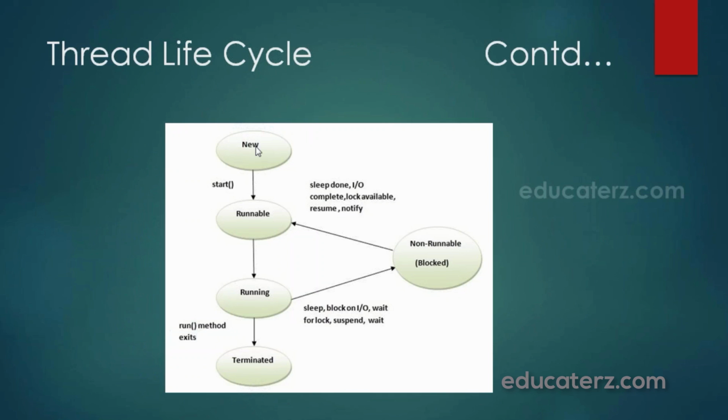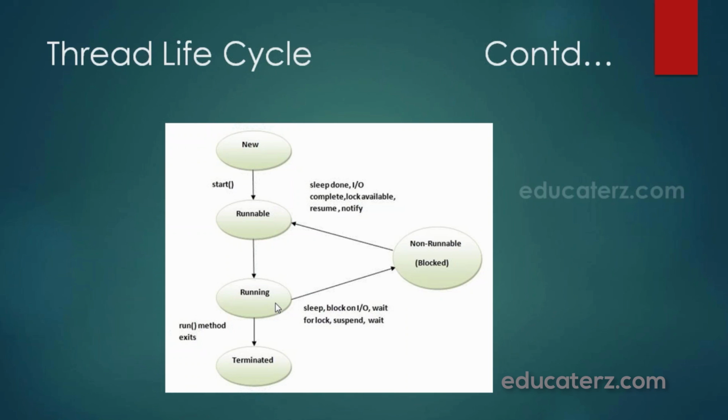picture of it. New is when we create an instance of the thread class but before the invocation of the start method. When the thread invokes the start method, it enters the runnable state, but here the thread scheduler has not selected it to be the running thread. If it selects it to be the running thread, then it enters the running state.